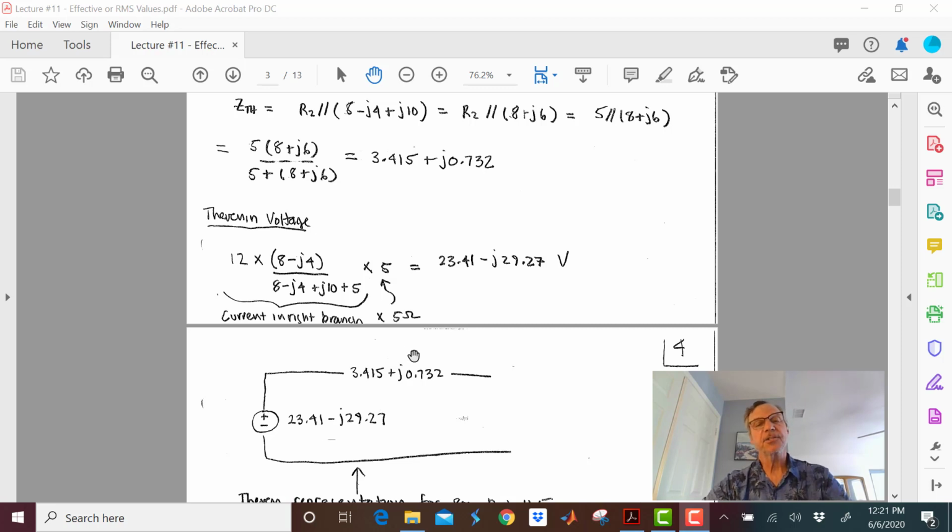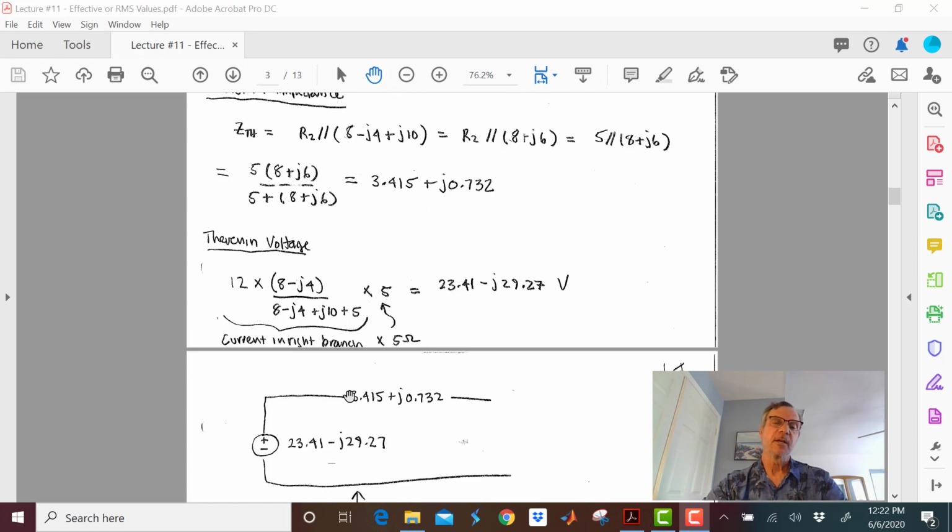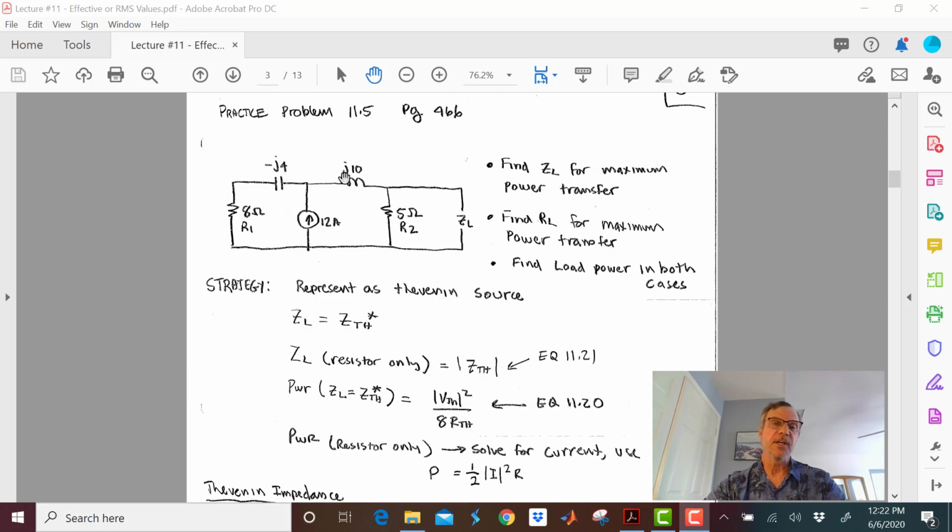Now, people have asked me, and this is a good question for rookies. They say, well, when you get the Thevenin equivalent here, is this current right here equal to this current? I mean, when you got your Thevenin equivalent, what's the current here? And I say, I have no idea, because my Thevenin equivalent only covered this dotted line here.